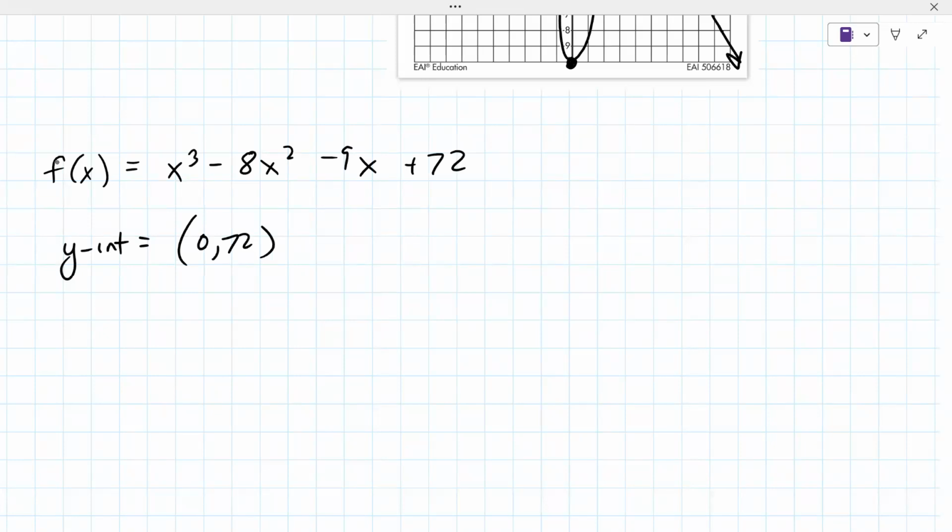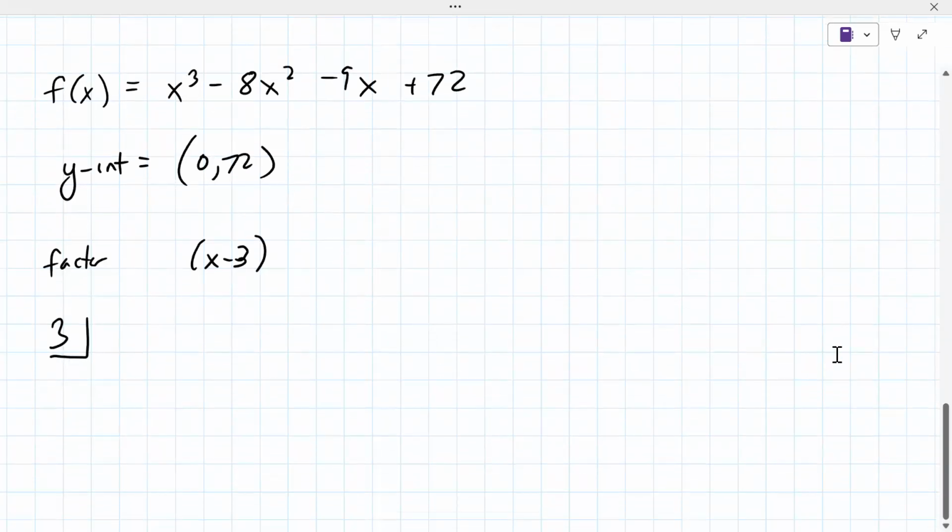And then I'm going to tell you that one of the factors is x minus 3. Okay, so what goes in the box here on the left? 3. Okay, and what numbers are used for the synthetic division here? 1.